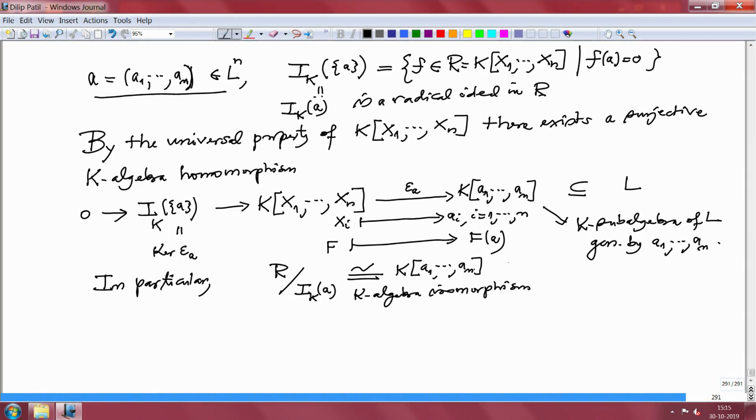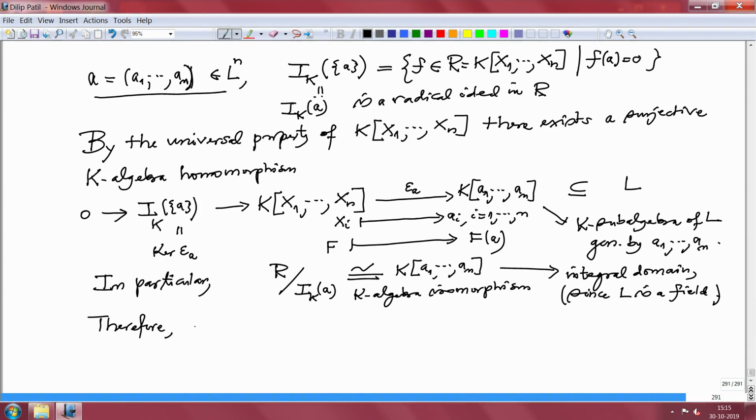So this one is an integral domain, since L is a field. Since it is an integral domain, the first consequence we get is that I_K(a) is a prime ideal.